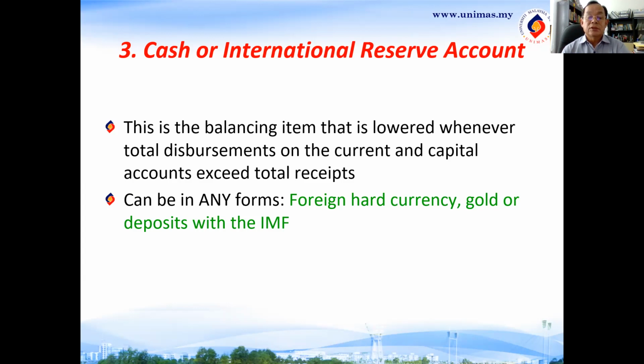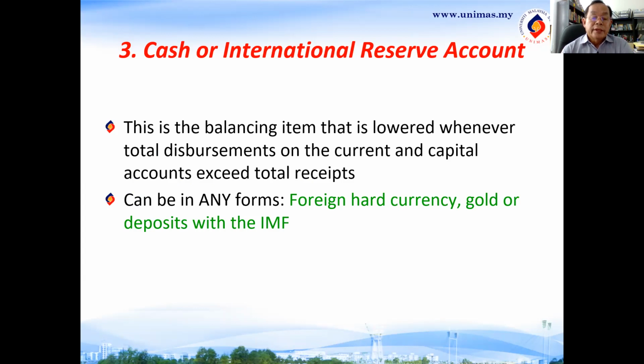Kalau penerimaannya kurang, maka nilai reserve itu akan dikurangkan. And of course, the more money generated, the better it is lah. The more income you get, the better it is. So that would mean that we have more reserve, in other words.